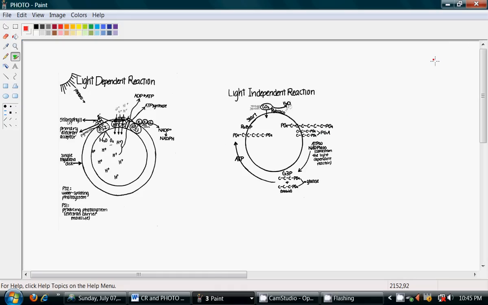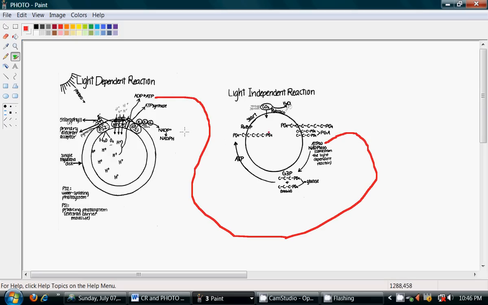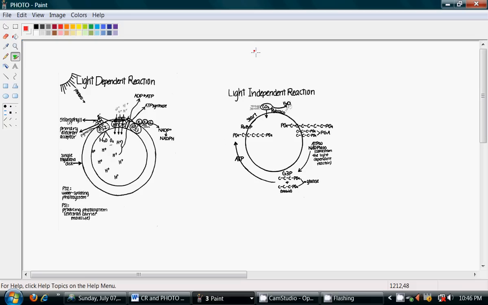Now, because we can't use PGA to make glucose, we use these products, this ATP and the NADPH from the light-dependent reaction as well, to rearrange those short carbon chain molecules. So we rearrange PGA to make this stuff called G3P.